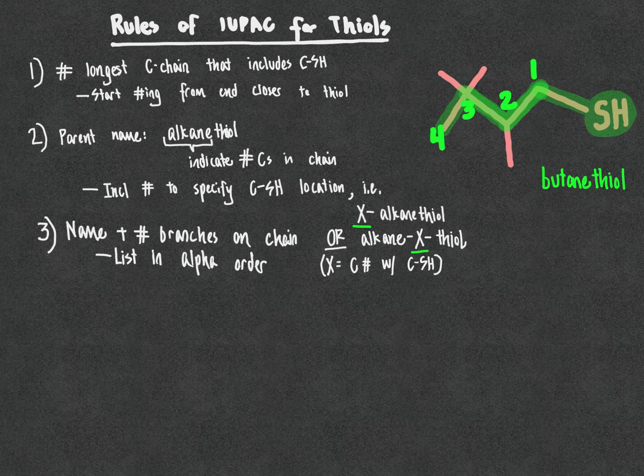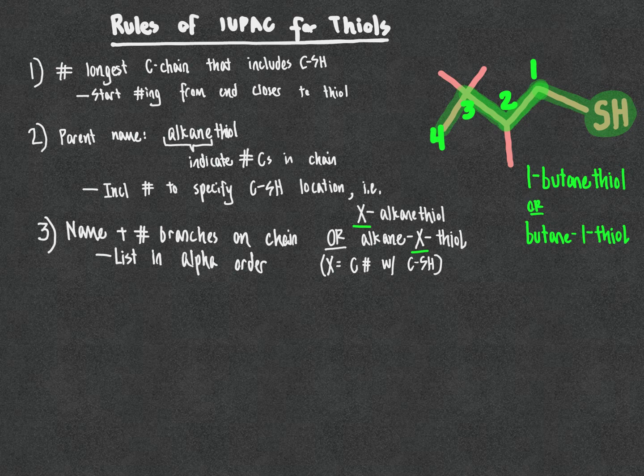We specify the location of the thiol group always if we have acyclic thiols, and that's at position 1, so we do 1-butane thiol, or alternatively, and just as correctly, butane-1-thiol would also be a completely acceptable way to refer to this molecule.